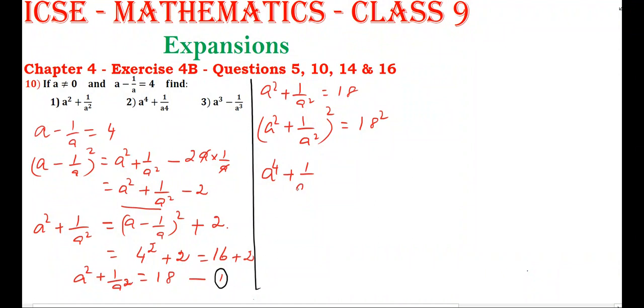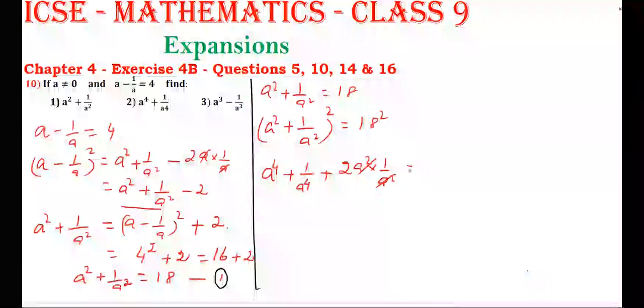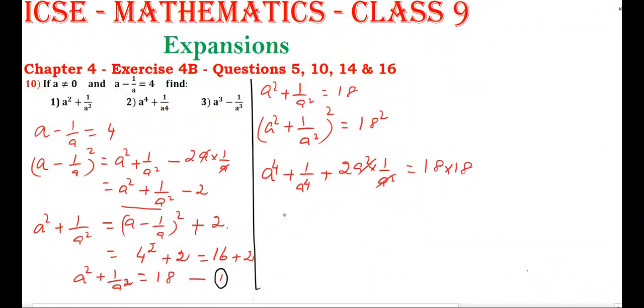So 1 by a square into a square, so 1 by a power 4, plus 2 into a square into 1 by a square. So this will be cancelled, equals 18 into 18. So now a power 4 plus 1 by a power 4 equals, this plus 2 we can take to that side, so 18 into 18 minus 2.